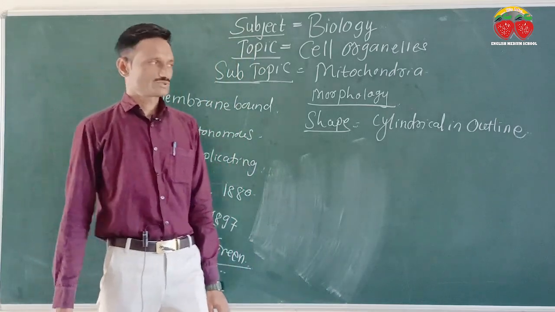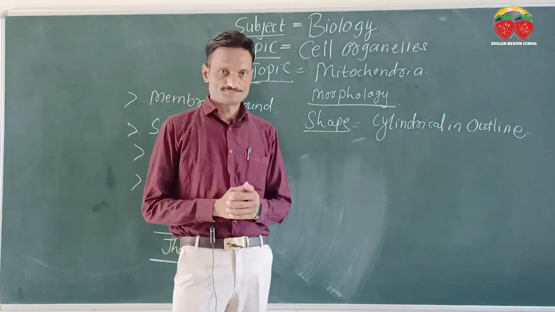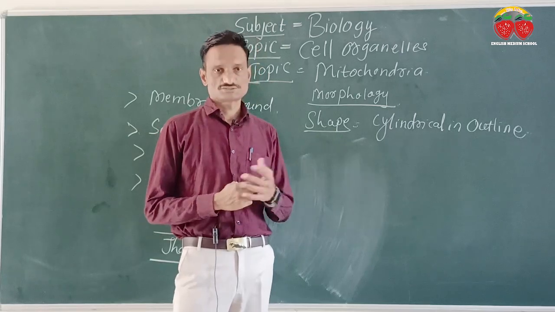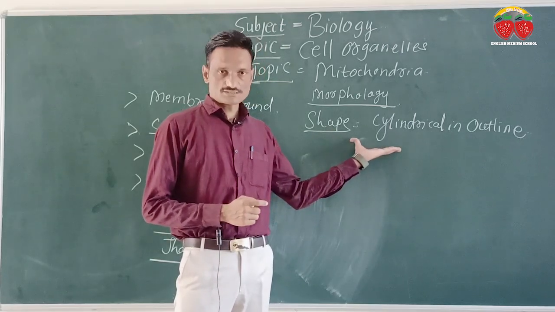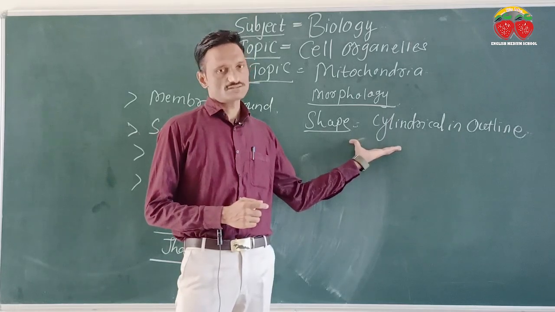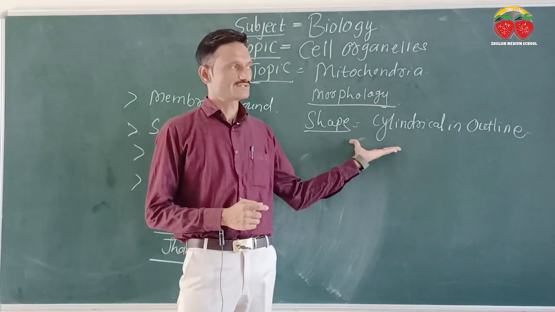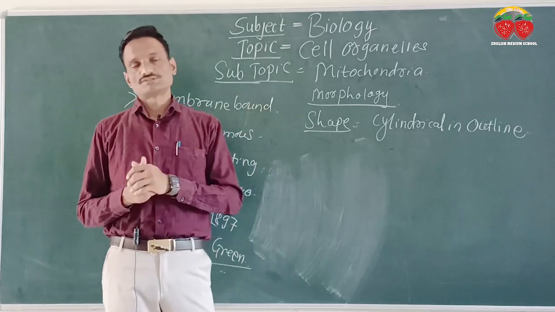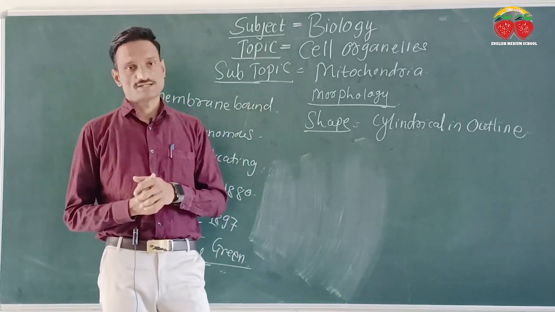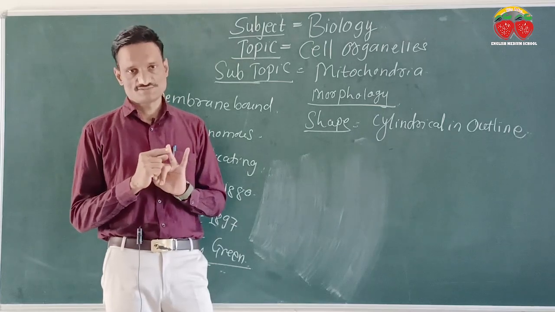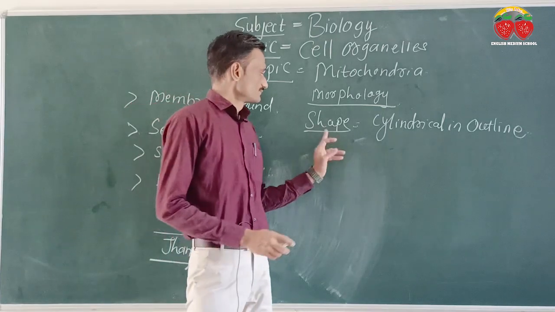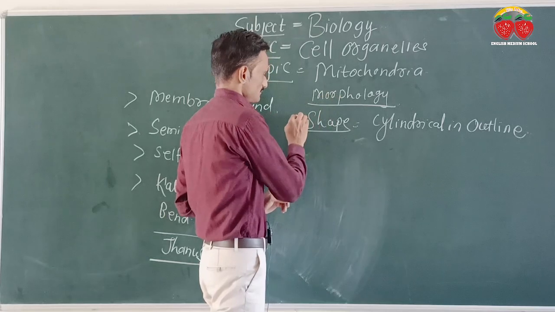However, it also shows some other shapes, right? Means branched, then sausage shape. These different shapes are also present in mitochondria. But the shape of mitochondria is controlled by the physiological condition of the cell, the activity of the cell. Right? So this is the first character, morphology.